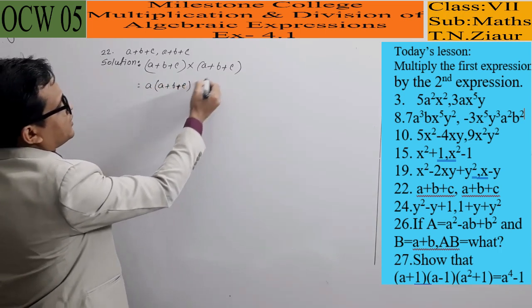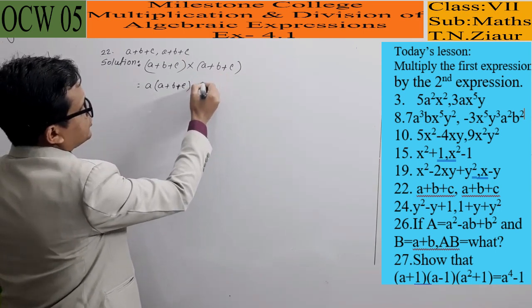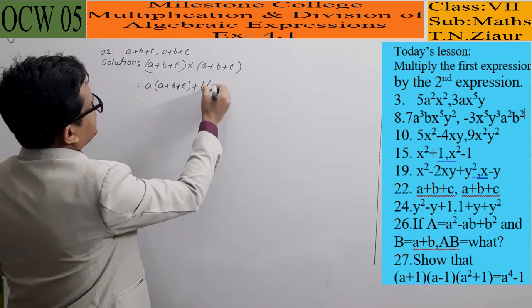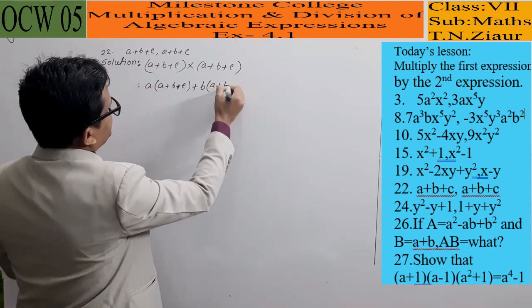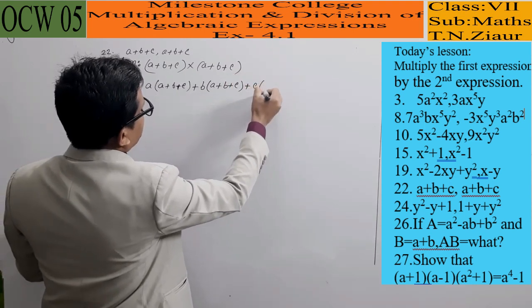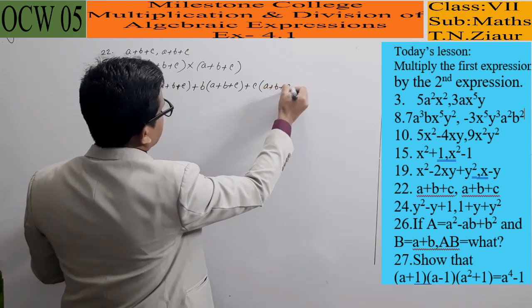Then there is a plus, give the plus, again the second multiplier, b, into the multiplicand a plus b plus c, again write the multiplier c into again the multiplicand, so a plus b plus c.